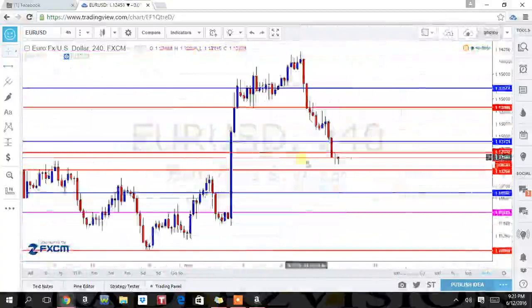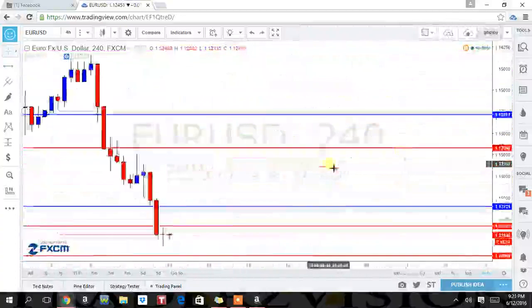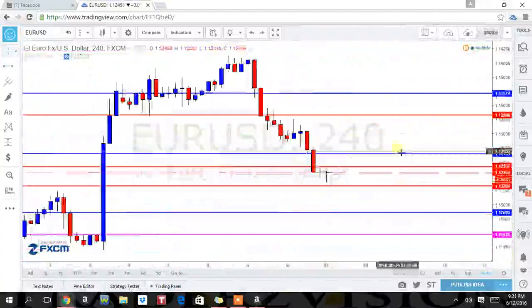It actually looks like, let me see. It actually looked like it came up and retested it, and probably will drop more and break through this one. Go to 1 hour.